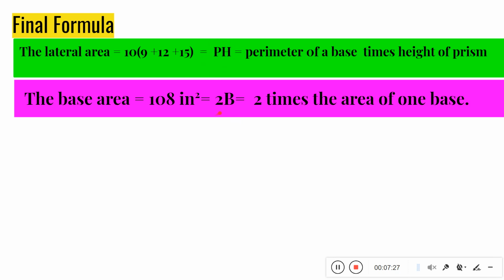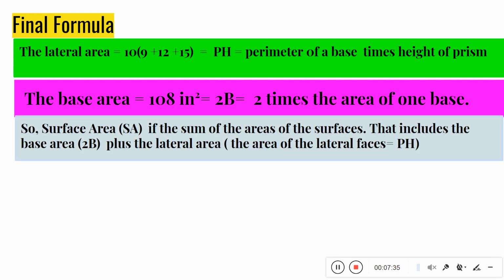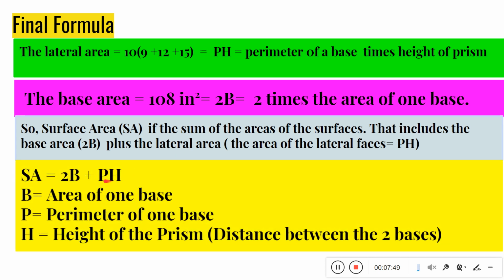This 2B represents the area of the base times 2 because there's two bases. So we let SA be surface area. Remember, surface area is the sum of all of the areas of the surface. That includes the base area of 2B and the lateral area of PH. So that's how we came up with our formula for surface area.